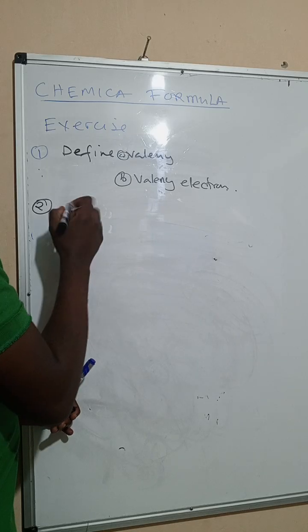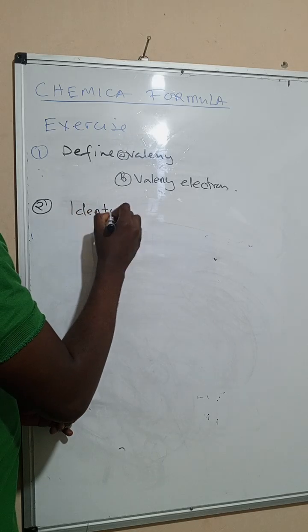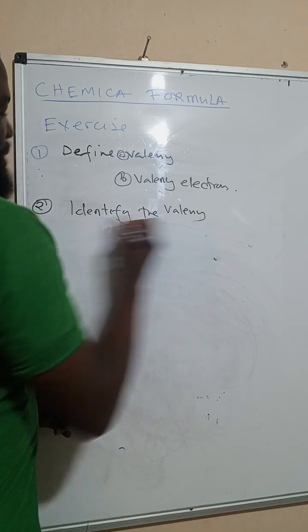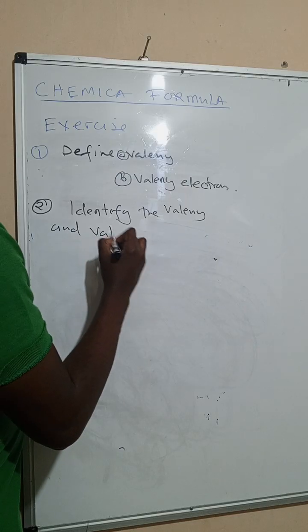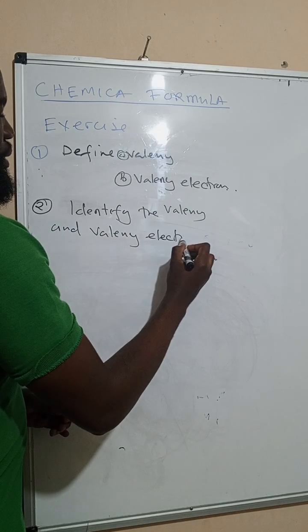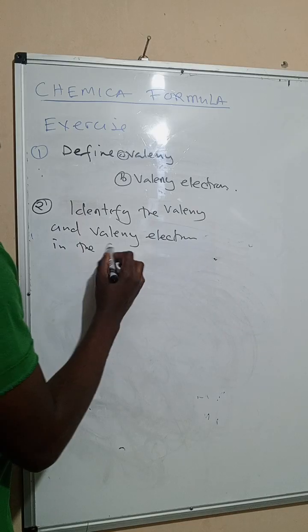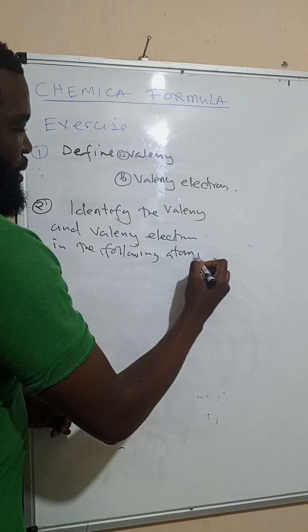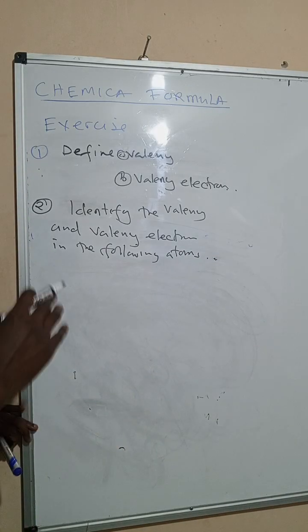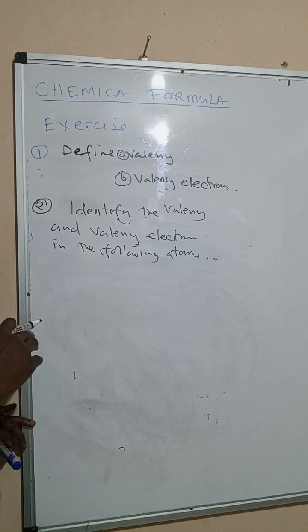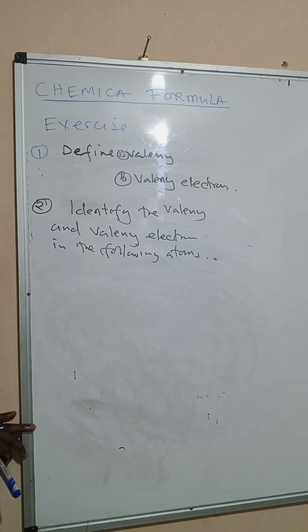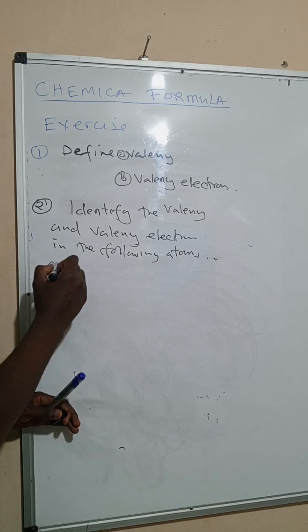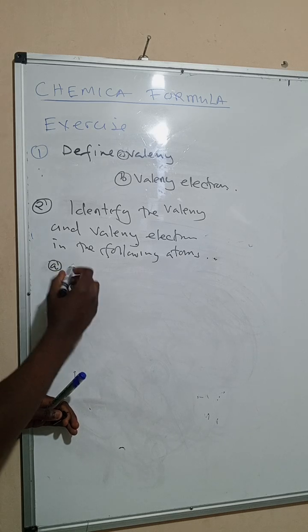Identify the valency and valence electron in the following atoms. For example, the atom of calcium.